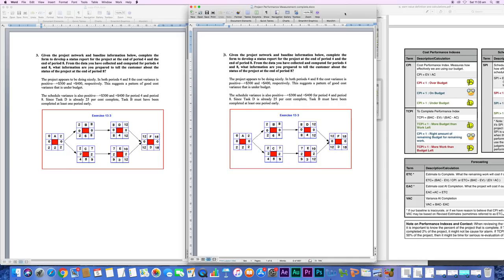The first one is task number 3, where a full network is given to you, and you also have a project baseline. Baseline is something we developed in a previous video, where we taught how to read it. If you haven't watched that, I would recommend watching it. That's chapter 8. Watch it before you start doing EVA analysis problems.